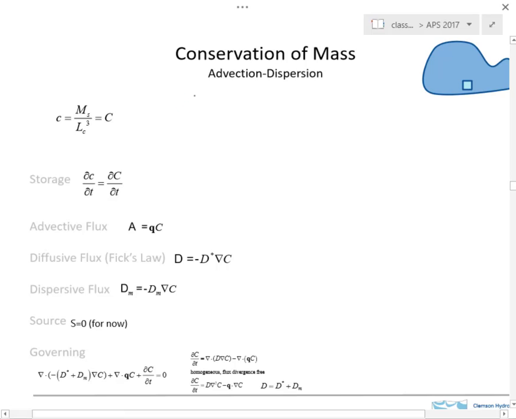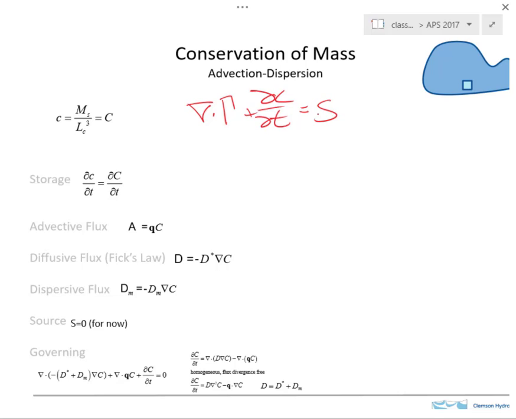So let's see, we've got the divergence of the flux plus the rate of change of storage is equal to some kind of source. For this problem, we're going to use the conservation of mass, so this will be the mass. That's what's getting conserved.